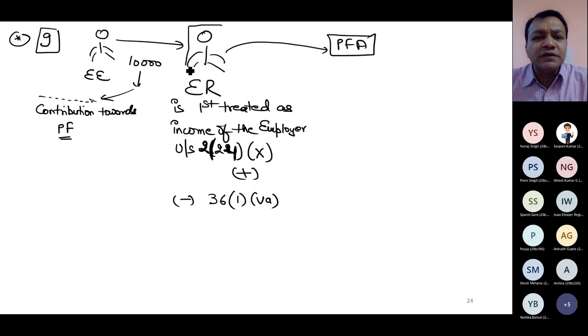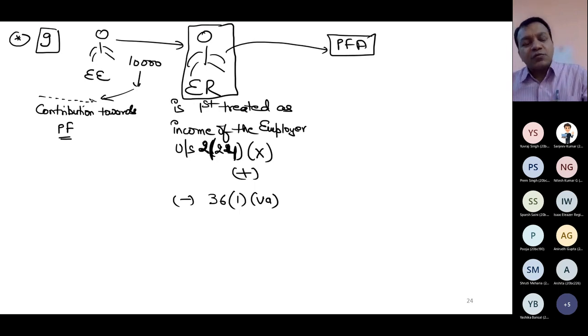The employer has nothing to do with the 10,000. It is unnecessary, a problem for the employer. His job is just to receive something from the employee and transfer it as it is to the provident fund authority. The employer simply acts as a mediator in this case, because such things provide safety to the employees.